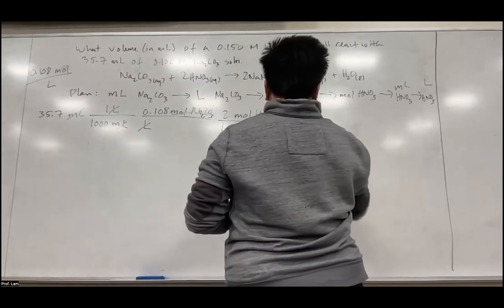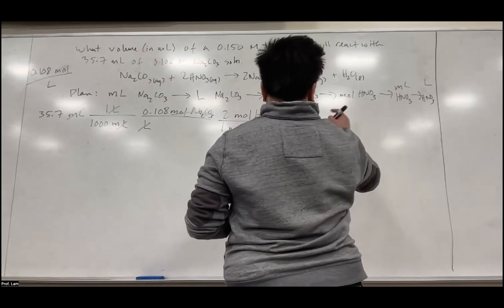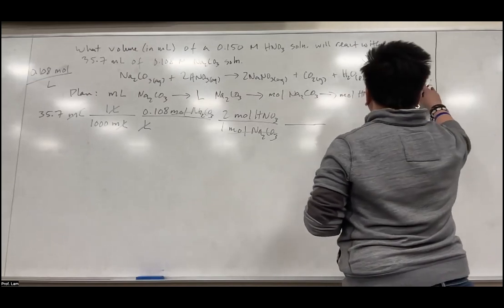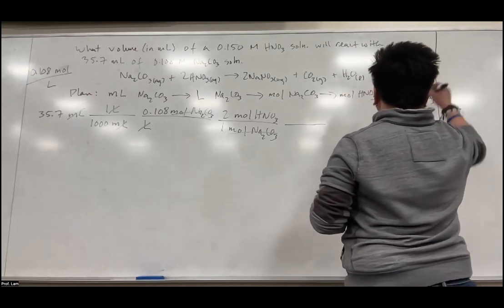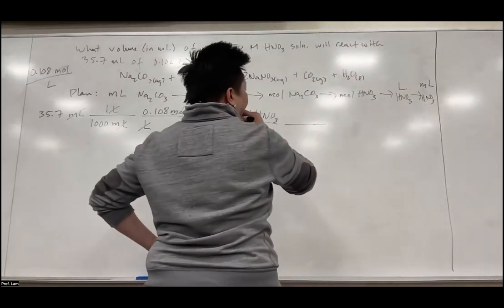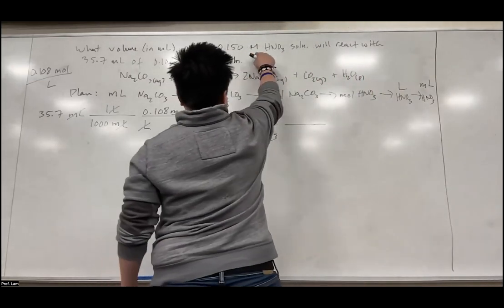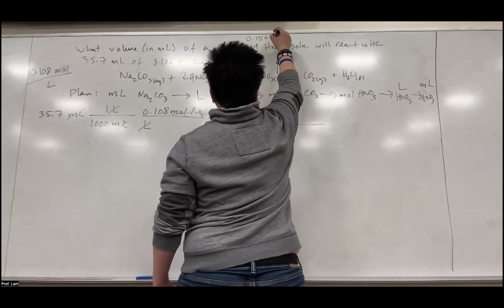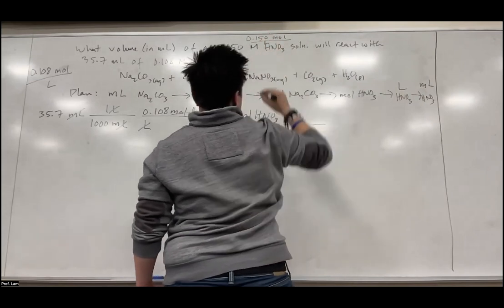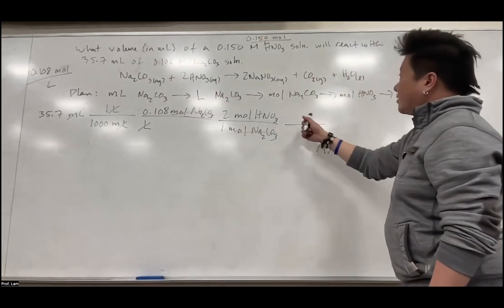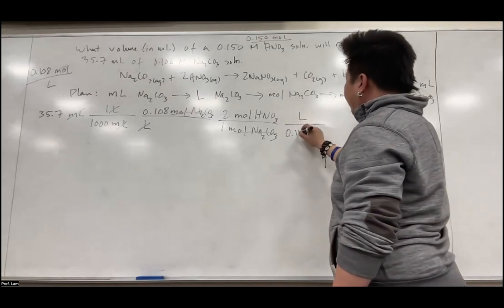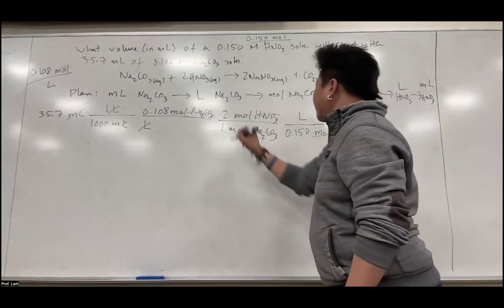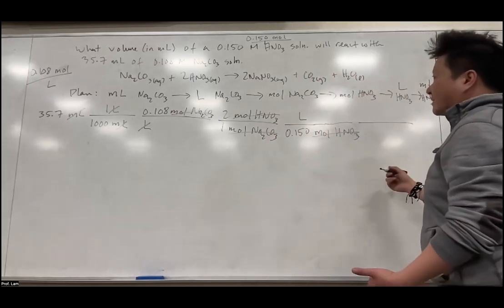Okay. And then we get to do liter first, and then milliliters, right? So liters of HNO3 now. We're going to use the molarity here, so rewrite this as 0.150 moles per liter. And now we're going to want liter on top, right? So liter on top, 0.150 mole of HNO3 on bottom. And then back to milliliters.